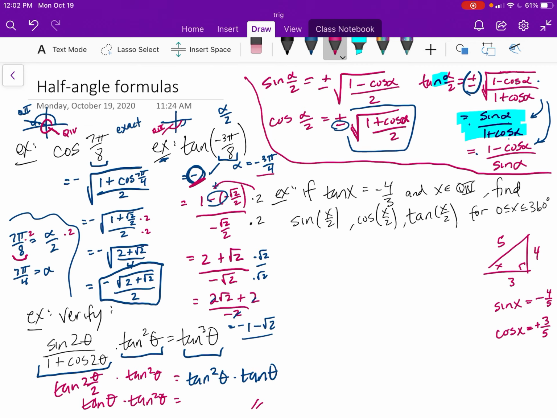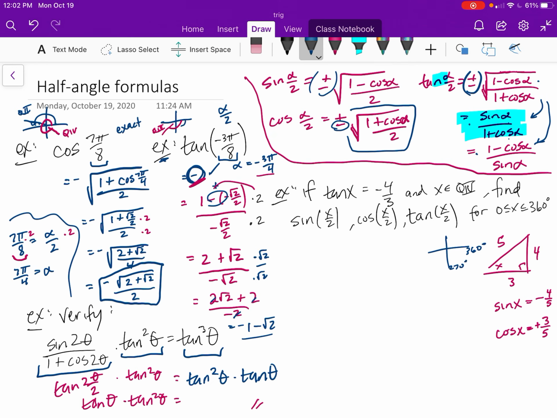so sine alpha over 2. The next thing we want to think about is, is it plus or minus, right? Which one? So if I'm in quadrant 4, I'm going to do degrees because it's easier. I'm somewhere between 270 and 360, right?